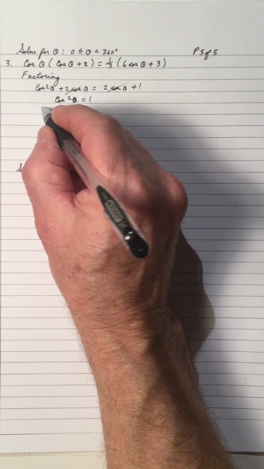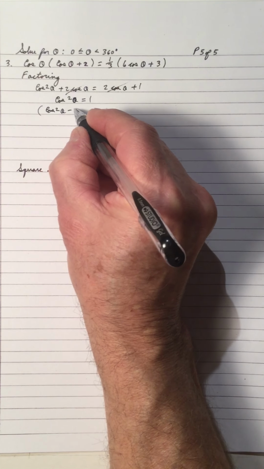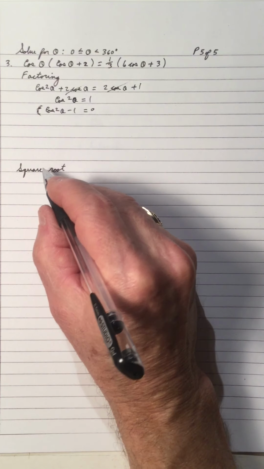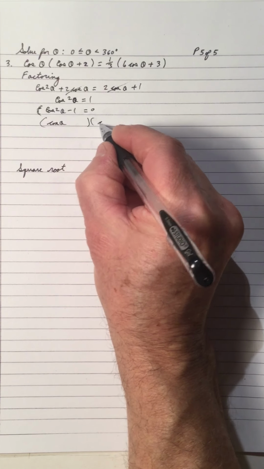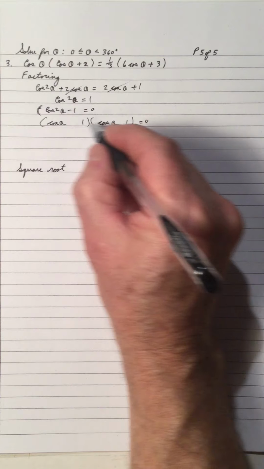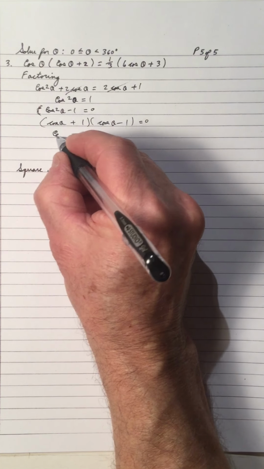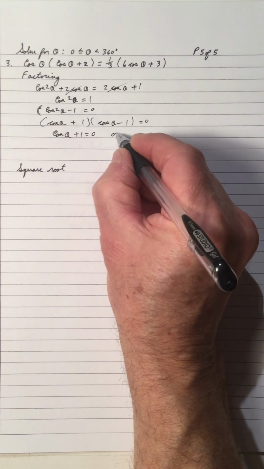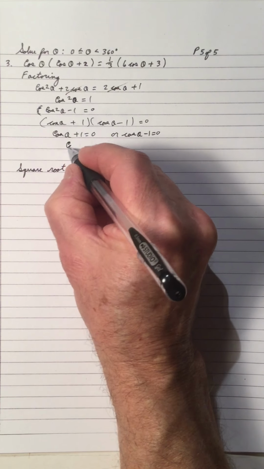If you were doing it by square root, you would automatically do plus or minus the square root. But because we want to do it by factoring, we say cos squared theta minus 1 equals 0. This is cos theta plus 1 times cos theta minus 1, the difference of two squares. So cos theta plus 1 equals 0, or cos theta minus 1 equals 0.